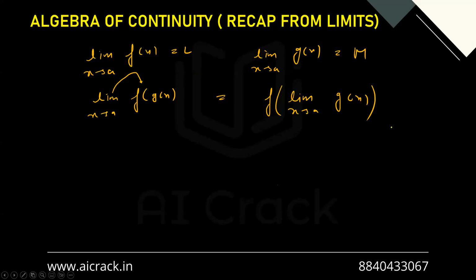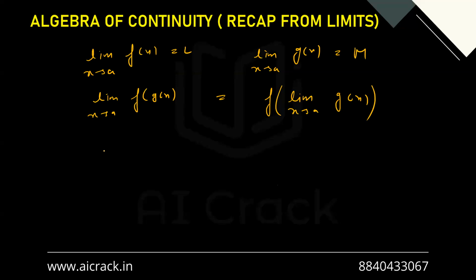So let's try to build a thought process for that condition. When we are saying x is approaching a, we can simply say that g(x) is approaching m, right? The limit of g(x) is m, but when we say that x is approaching a, g(x) is approaching m, it's not exactly m, it's approaching m, right? Because we are not taking the limit over here, the limit is outside.